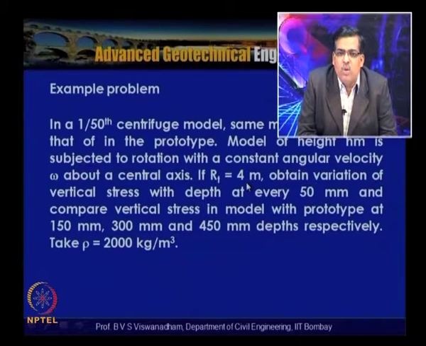So Re is 4 plus 0.15, equal to 4.15 meters, and n is equal to 50. So 50 into 9.81 is equal to 4.15 omega square. You can find out omega in radians per second. If you would like to convert omega from radians per second to RPM, it should be multiplied by 60 by 2 pi, and for converting from RPM to radians per second, multiply by 2 pi by 60.